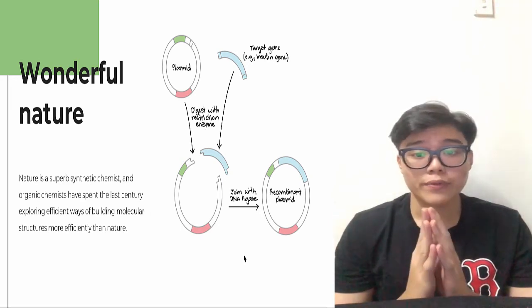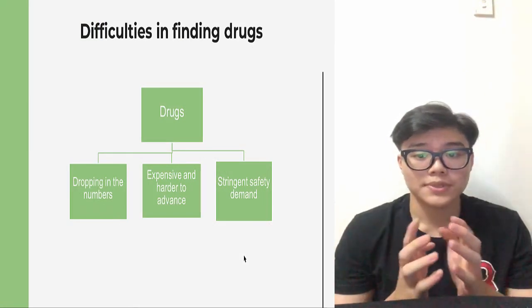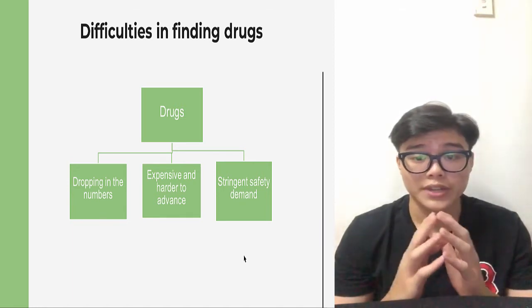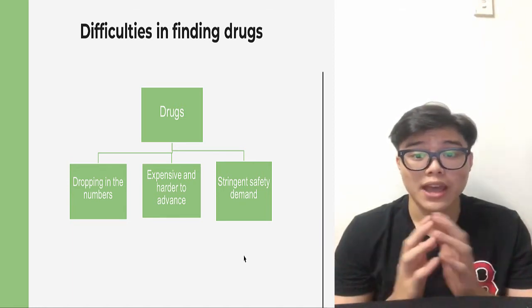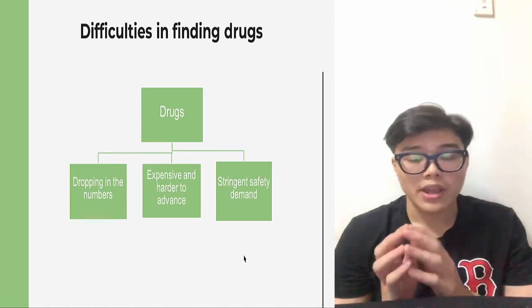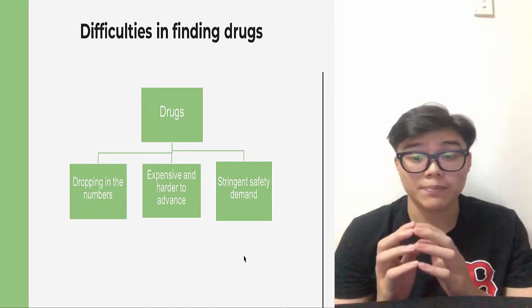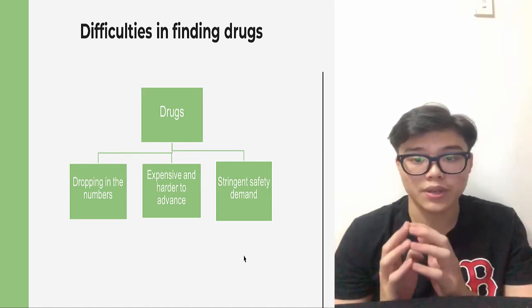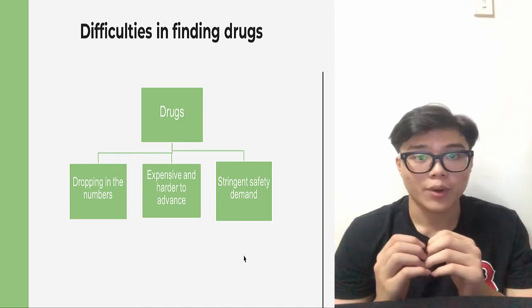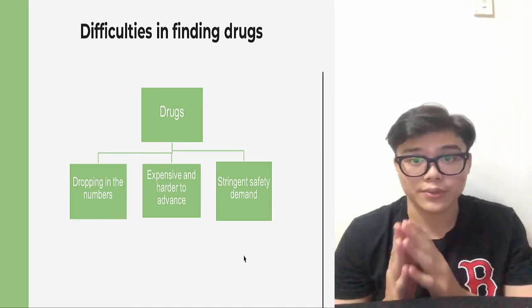Next, we will find out some problems that chemists encounter in fighting drugs. As we know, drug discovery is a difficult job, and the number of new drugs launched each year is dropping as it becomes harder and more expensive to advance beyond existing treatment, and as demands for more stringent safety increase.